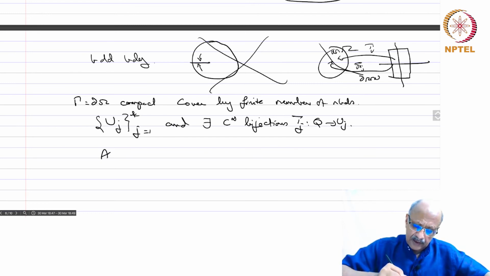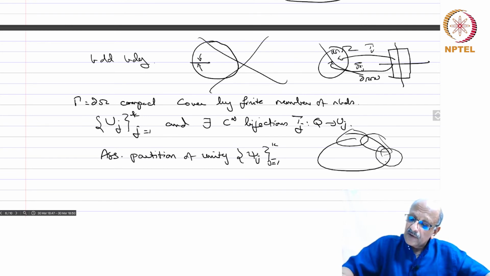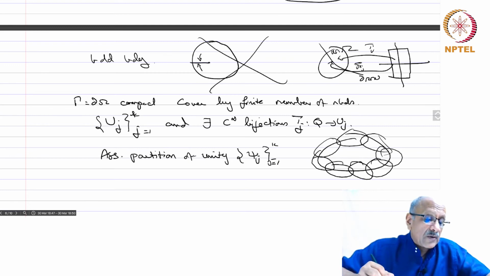So take an associated partition of unity psi j, j equals 1 to k. We are only covering the boundary now, so we have a finite number of sets for the boundary. That's a collection of open sets whose union is open, and you take a partition of unity corresponding to that.